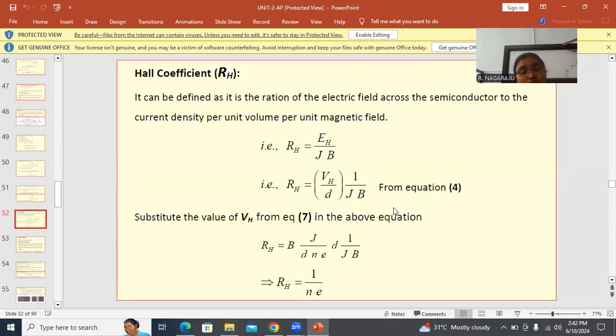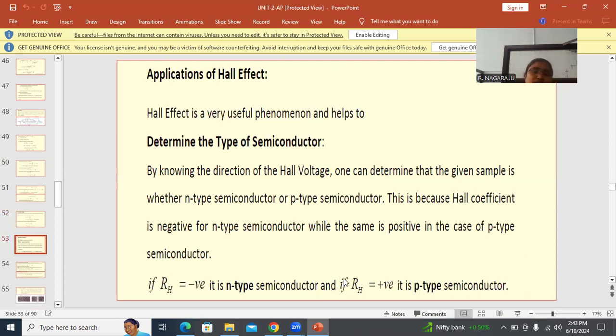So this is from equation 4 we got the Hall coefficient. We need to simplify it more and more, so substitute equation 4 in 7. Then we'll be getting RH is equal to Bj by dNe. So this again simplifies to RH is equal to 1 by Ne. So this is the Hall coefficient. RH is known as the Hall coefficient.